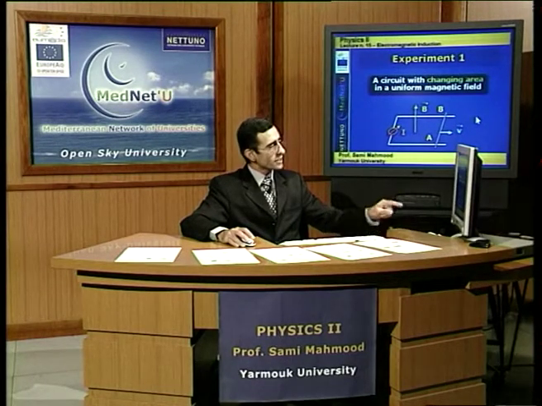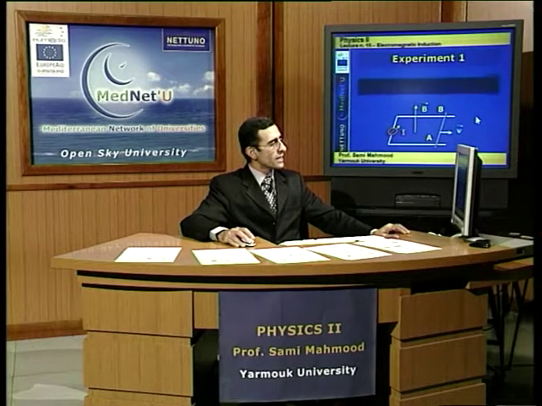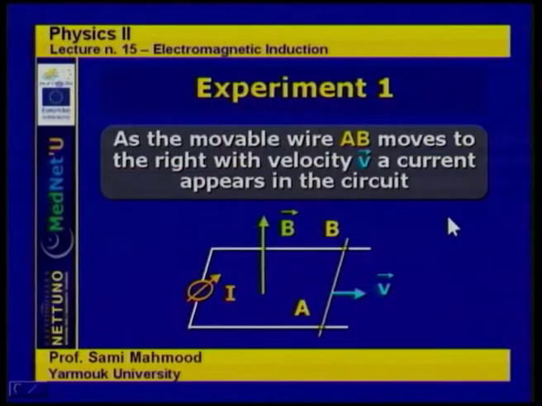In experiment 1, with the area changing, it was found that as the movable wire AB moves to the right, for example, with velocity v, current appears in the circuit just by moving this wire. This is the result of experiment number 1.